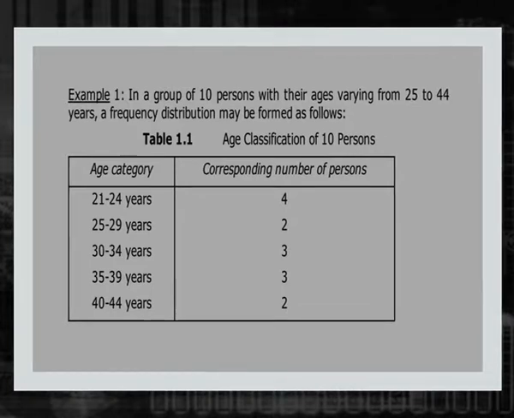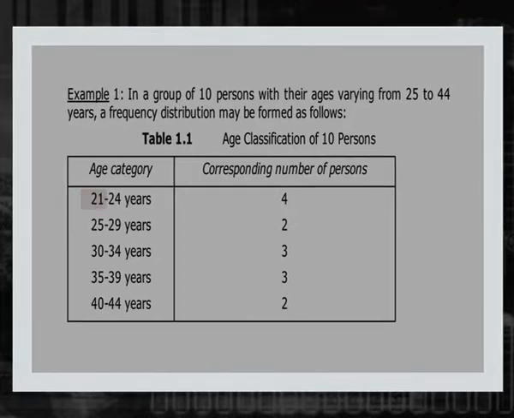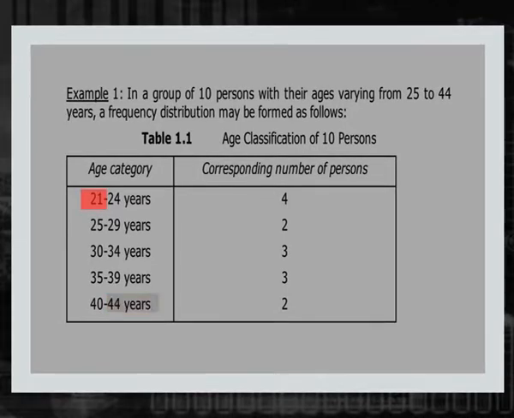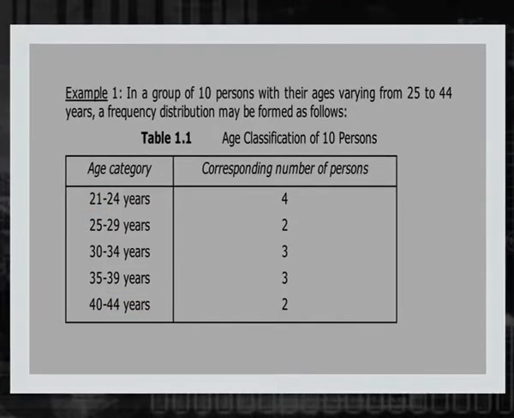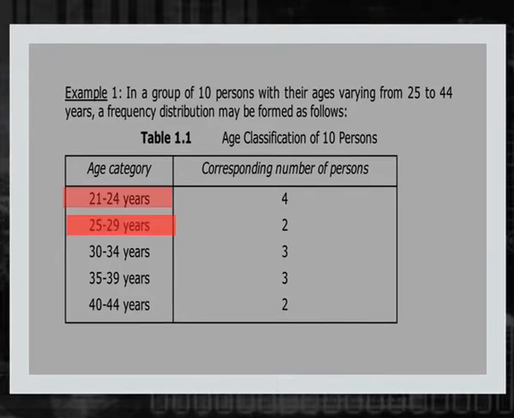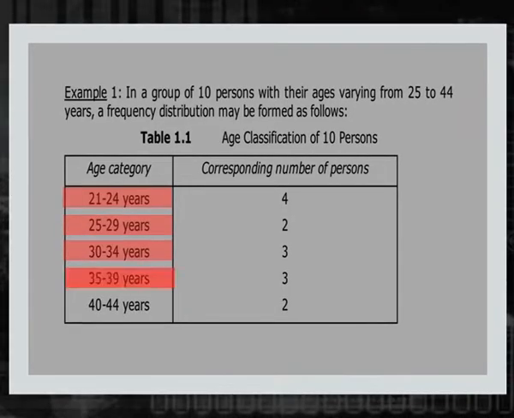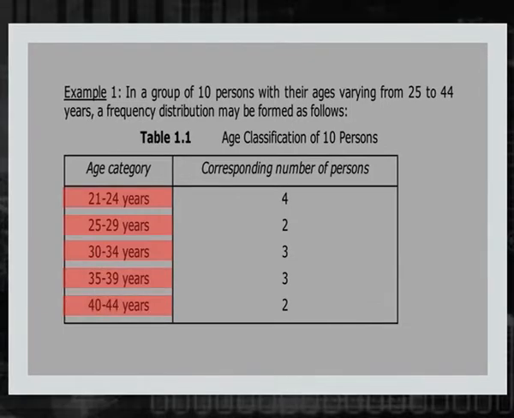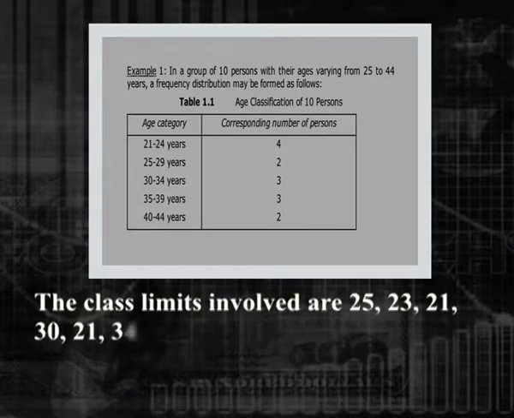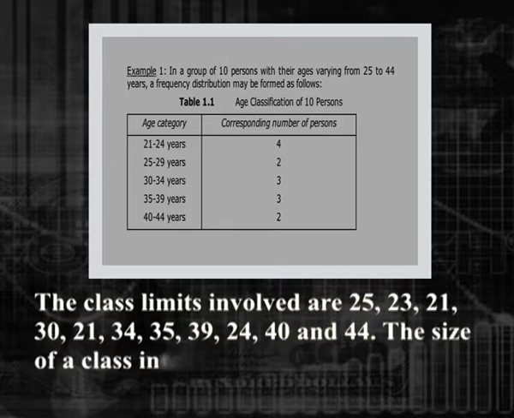The table gives a quick glance at the age group of all the persons in the group, where variable x ranges from 21 to 44 years, depicted in an array of ascending order, that is, from the lowest value of the variable to the highest, divided in the form of class intervals 21 to 24, 25 to 29, 30 to 34, 35 to 39, and 40 to 44. The class limits are 21, 24, 25, 29, 30, 34, 35, 39, 40, and 44. The size of a class interval is 5.